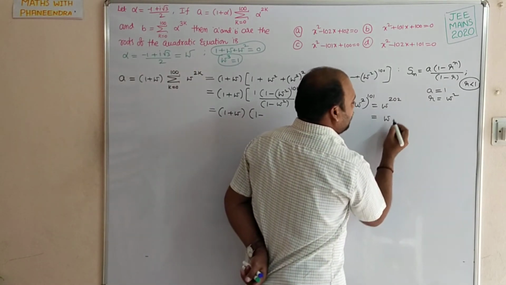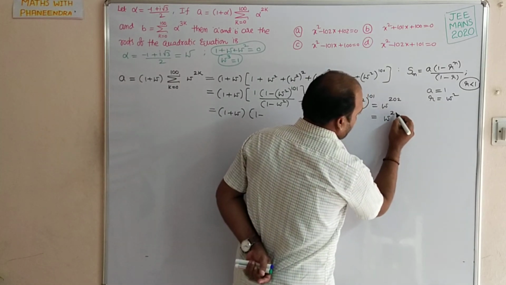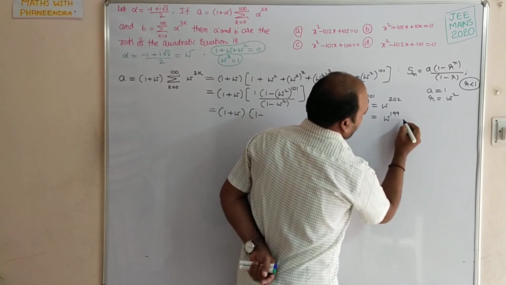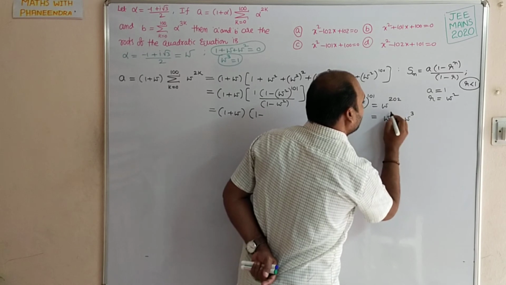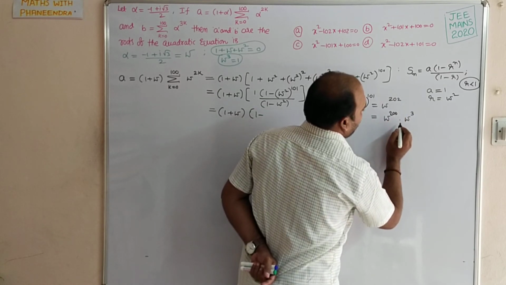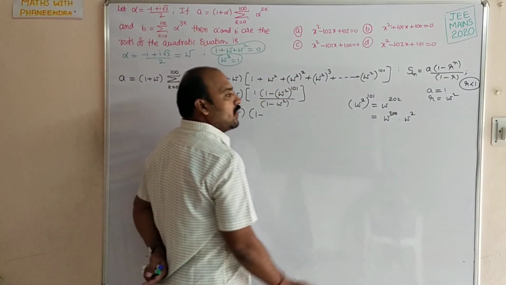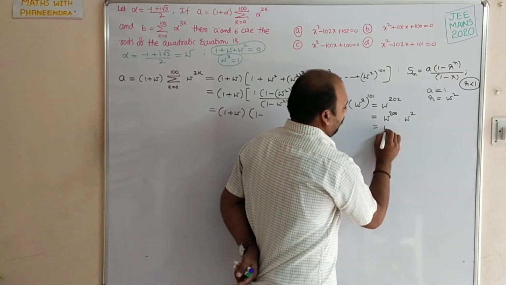So we can write it as omega power 200 into omega square. Can we write like this? Omega power 200, how to write?